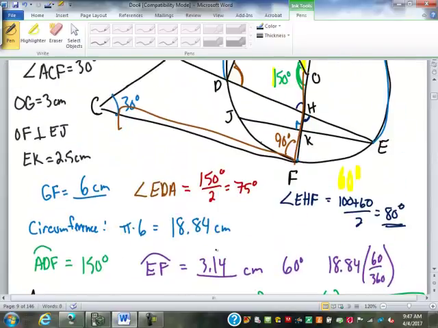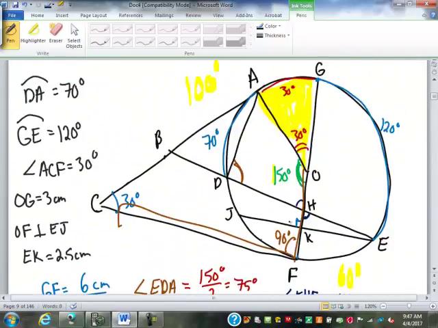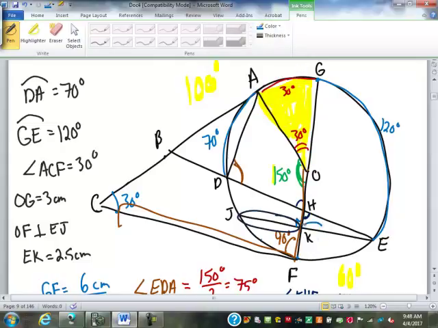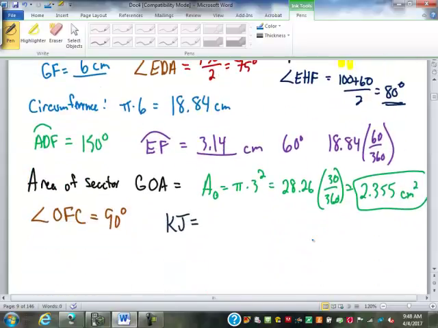KJ. KJ is from here to here. What's that? Well, we know the DK is 2.5, right? So KJ better be 2.5.